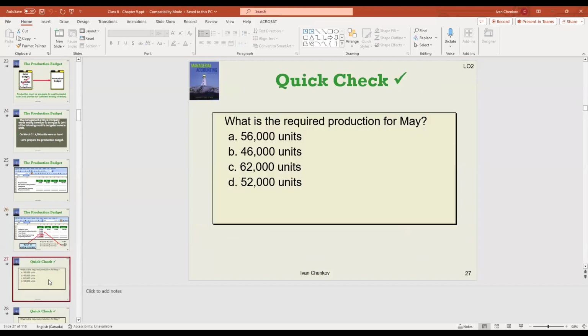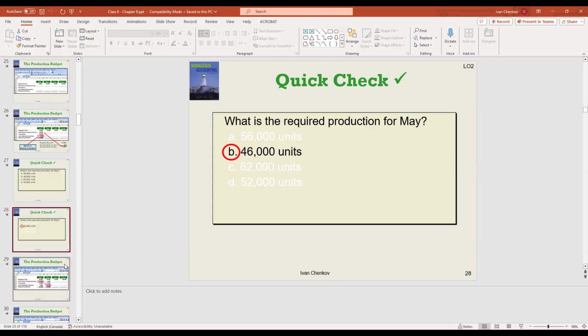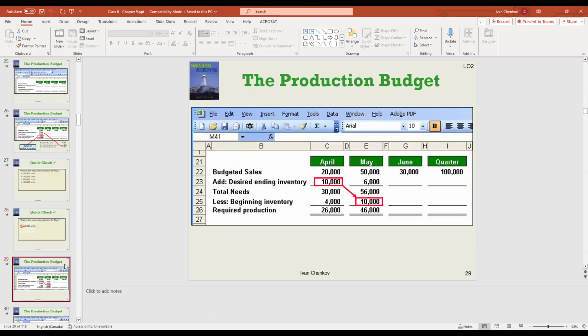The question asks, what is the required production for May? If we look at the Excel spreadsheet, that was equal to 46,000. So our answer will be B.